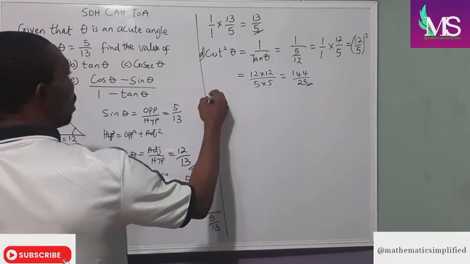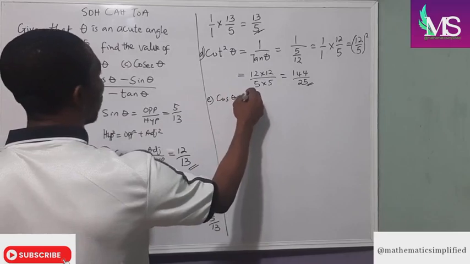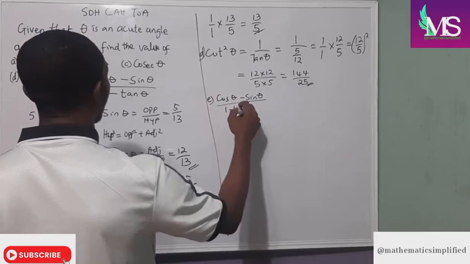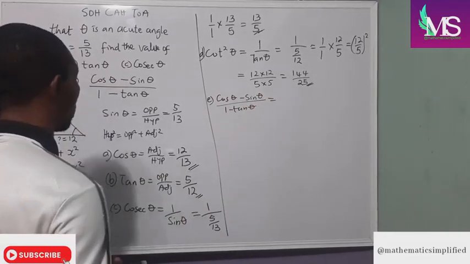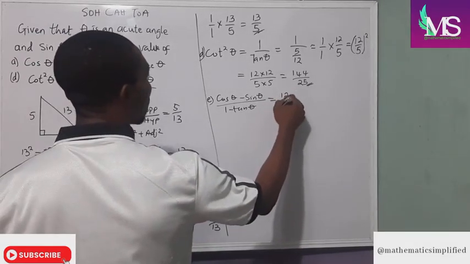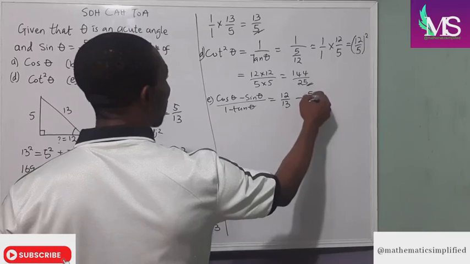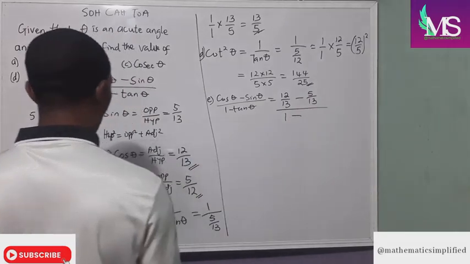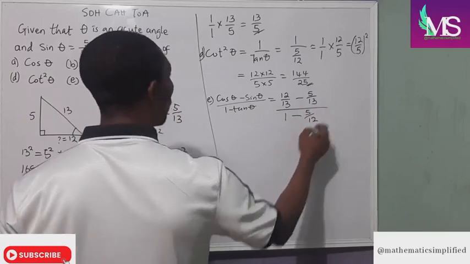Alright, now to the E, which is our last: cos theta minus sine theta all over 1 minus tan theta. Now what is cos theta? Our cos theta is 12 over 13. So 12 over 13 minus sine theta 5 over 13, all divided by 1 minus tan theta, which is 5 over 12.